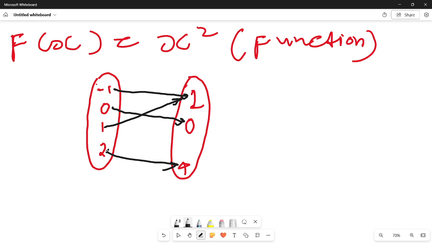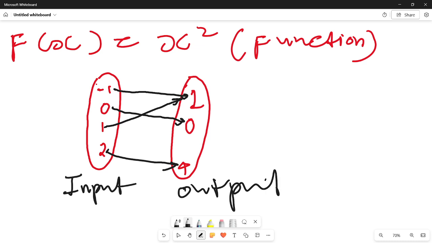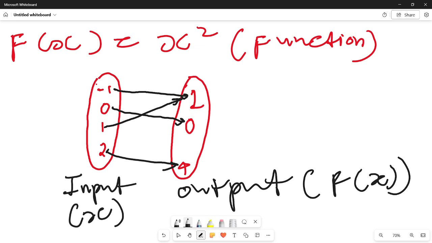In a set, repetitions are irrelevant, so having one single number is fine. You don't have to repeat the numbers. If we are to label this, this is your input and this is your output. The input is the x, the output is the f of x.